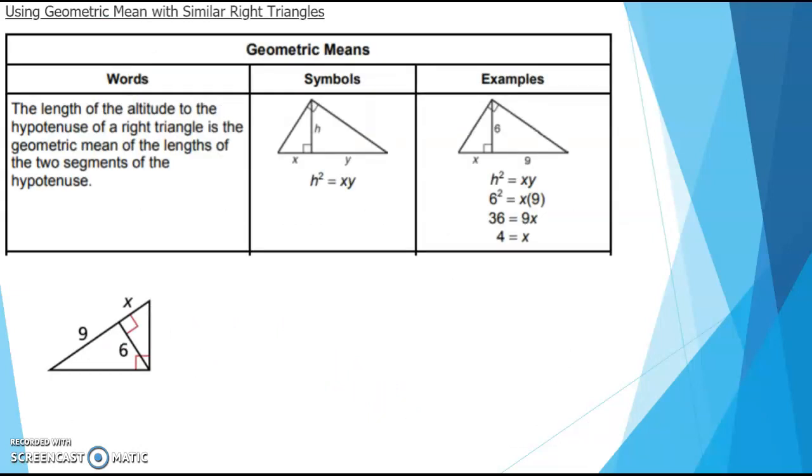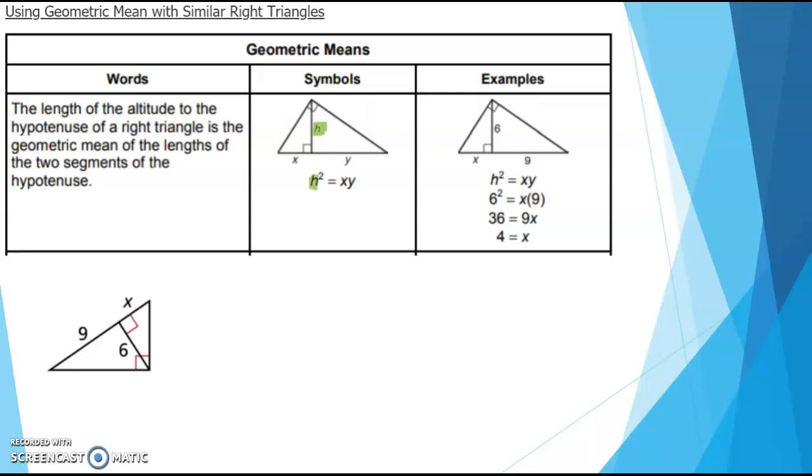So let's combine those two concepts to find the geometric mean with similar right triangles. The length of the altitude to the hypotenuse of a right triangle is the geometric mean of the lengths of the two segments of the hypotenuse. So if I look at this picture, I can see that the altitude of my triangle is h.